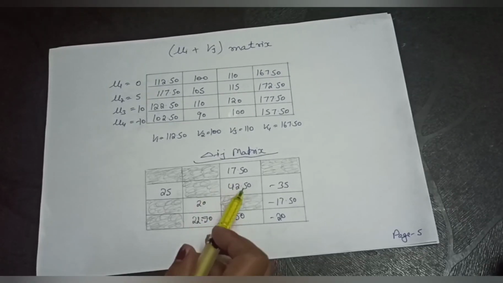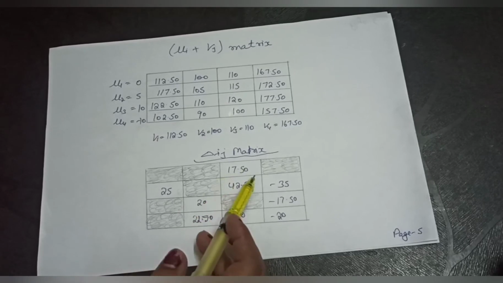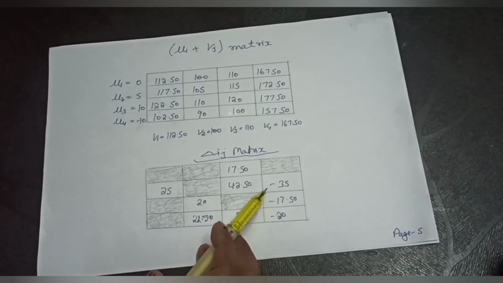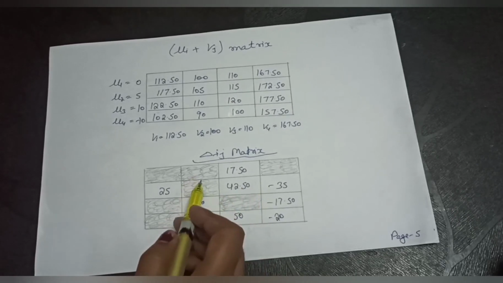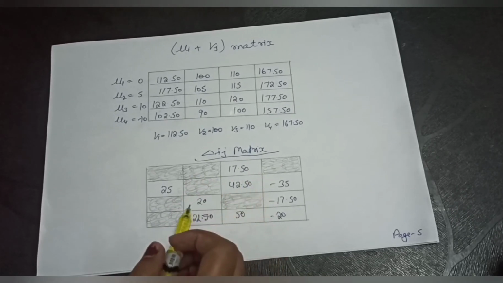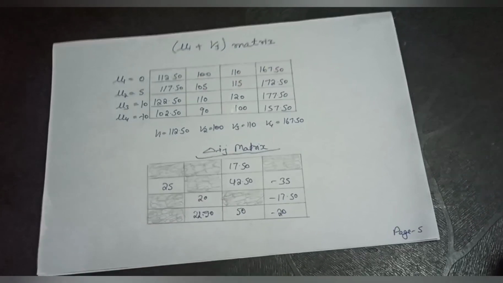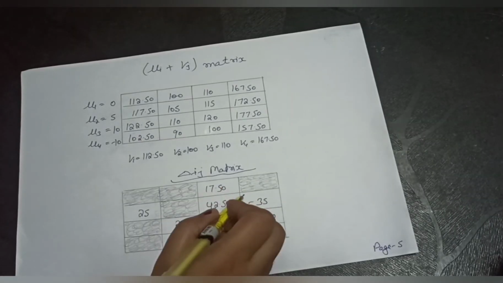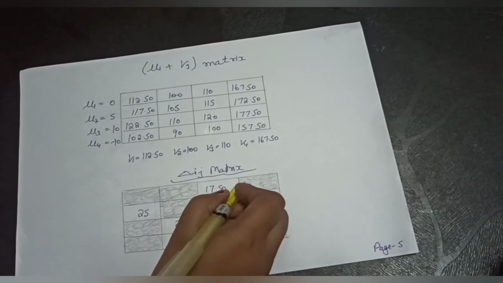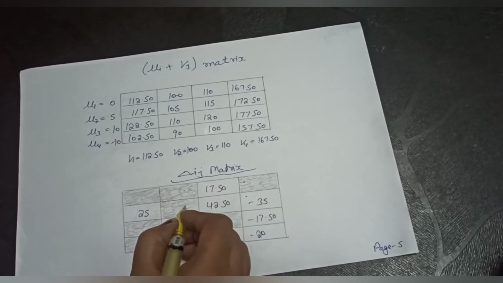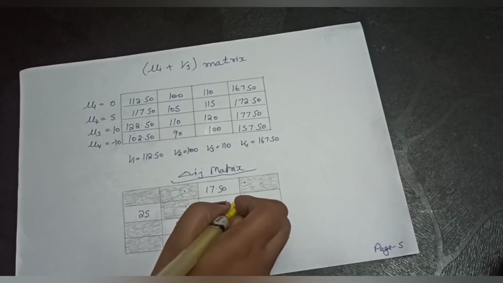Now we will check the loop formation. We will make a loop from this cell because this is our most negative value cell. These cells are allocated cells. We can make the loop like this. We have to go from this cell to this cell and this cell. Our loop is like this.